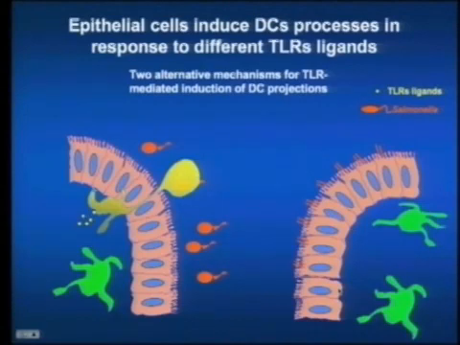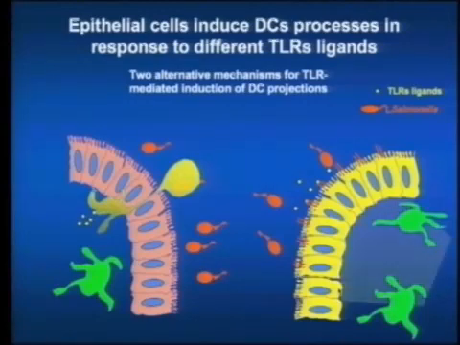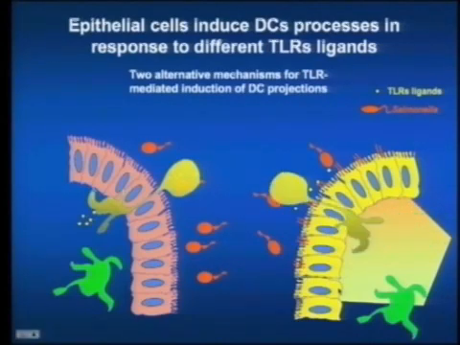So the TLR ligands or the bacteria do not interact directly with the dendritic cells, but only with the epithelial cells, which are the first barrier. Then these translocate the signal to the dendritic cells, which then actively protrude these extensions.